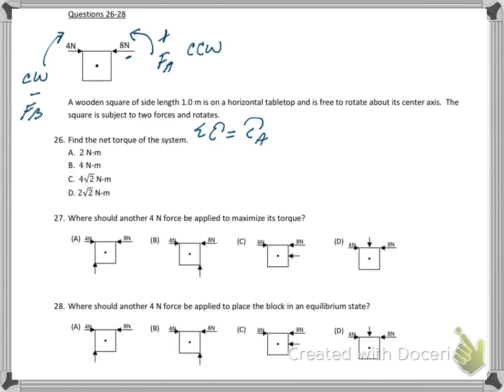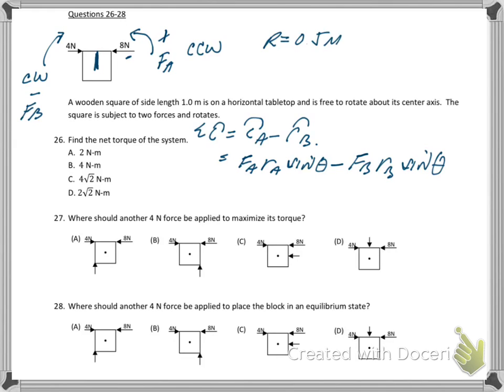So the net torque would be torque A minus torque B. And we know that torque is force A times radius A times sine theta minus force B times radius B times sine theta. If the side is 1 meter, its radius is going to be half a meter.